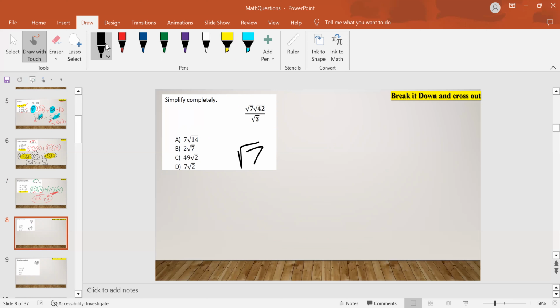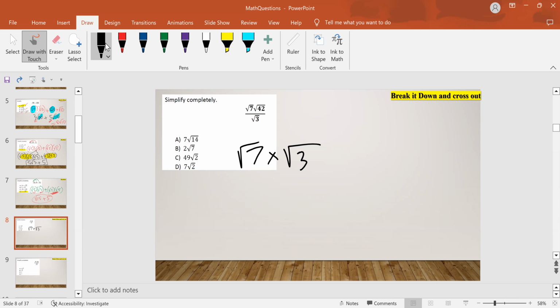but the square root of 42, we're going to break it down as a what? Okay, we're going to take square root of 3, because the question is, if the square root of 3 is cancelled with another square root of 3 in the numerator, what number multiplied by 3 gives me 42? Or I could do, what is 42 divided by 3?